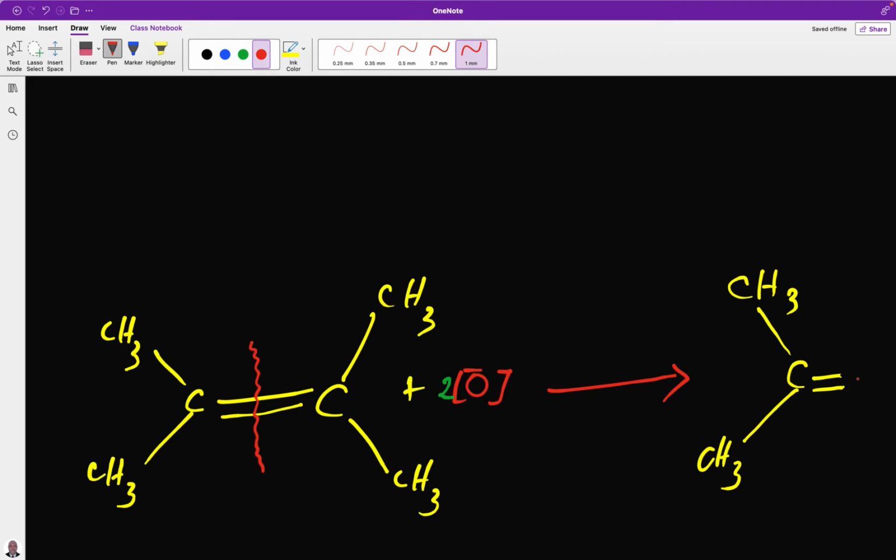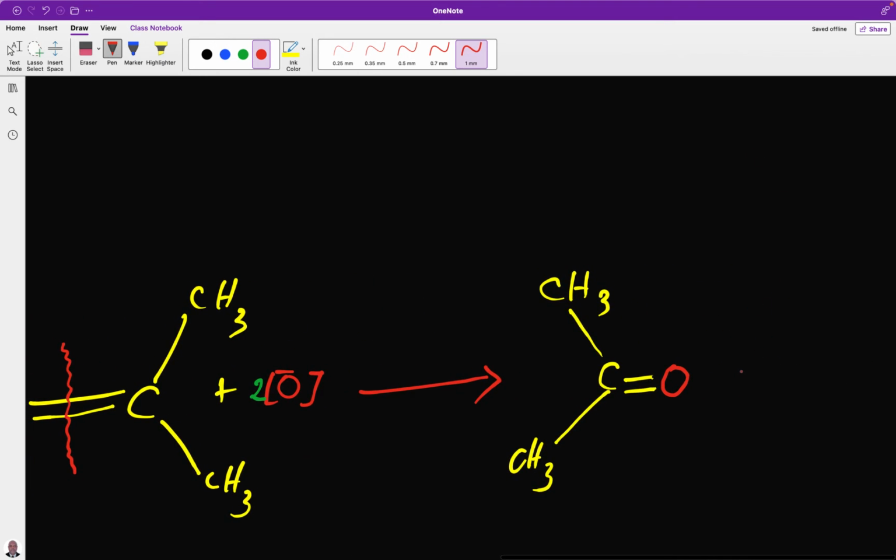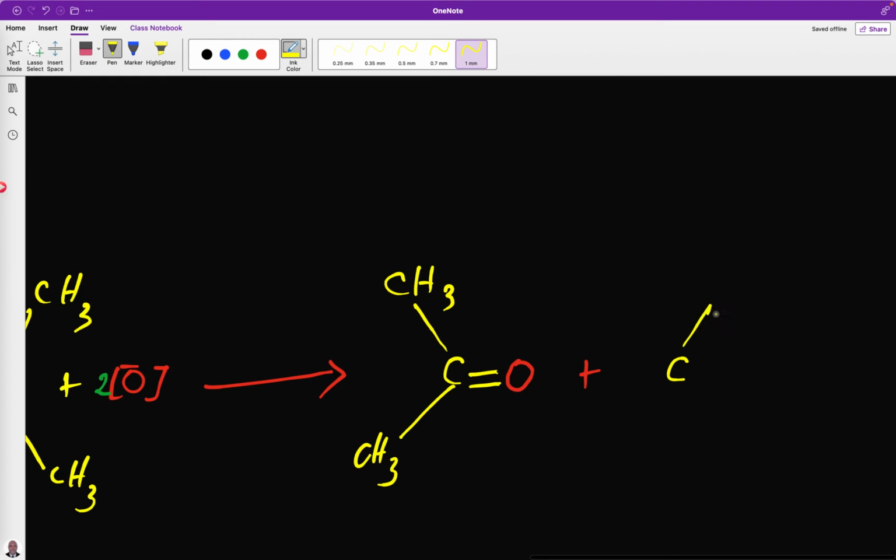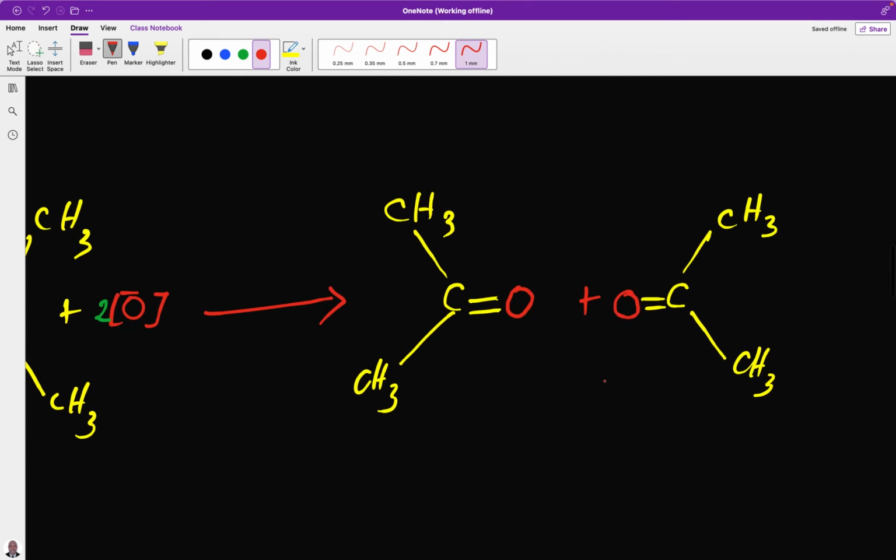That is one of the oxygen. Plus, all these are what we call these two molecules of acetone.